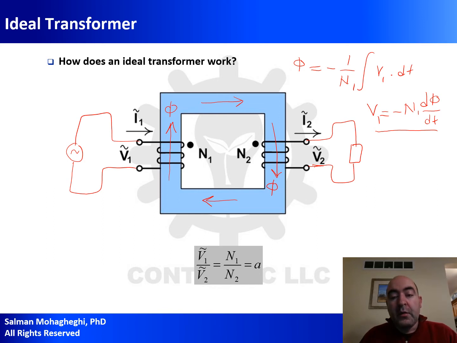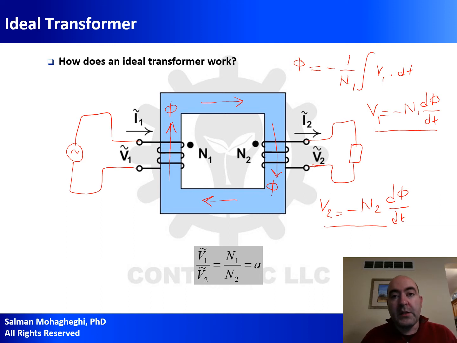Now, what about the voltage that is induced on the secondary winding? According to Faraday's law, this voltage is going to be negative of N2, number of turns for the secondary winding, derivative of the flux that crosses it, and notice this is the same flux that crosses the primary winding. So now I have one equation for V1 and I have one equation for V2.